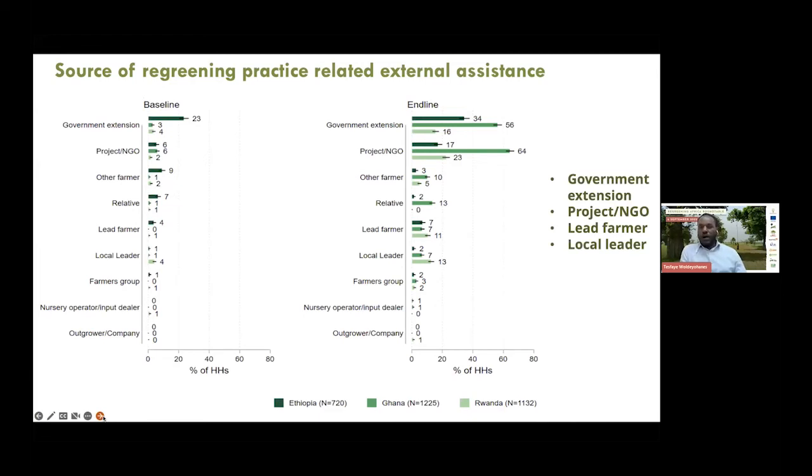However, the households in Ethiopia indicated that they have been reached through government extension. This is not surprising because most of the time the implementing partners actually use the existing government institutions and infrastructure to reach the communities. Next, please.